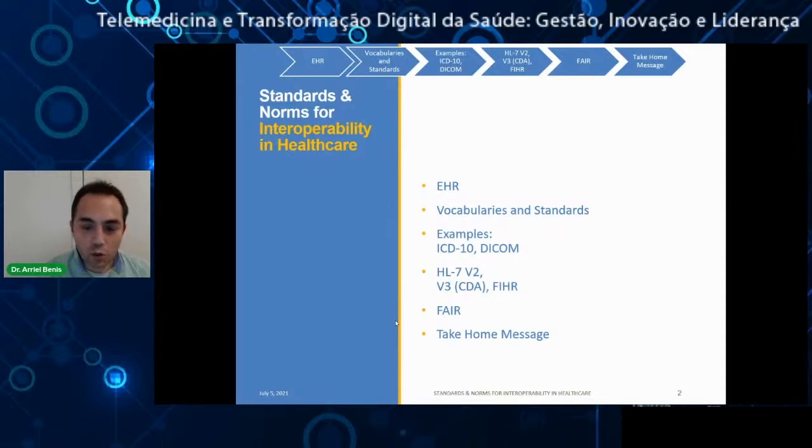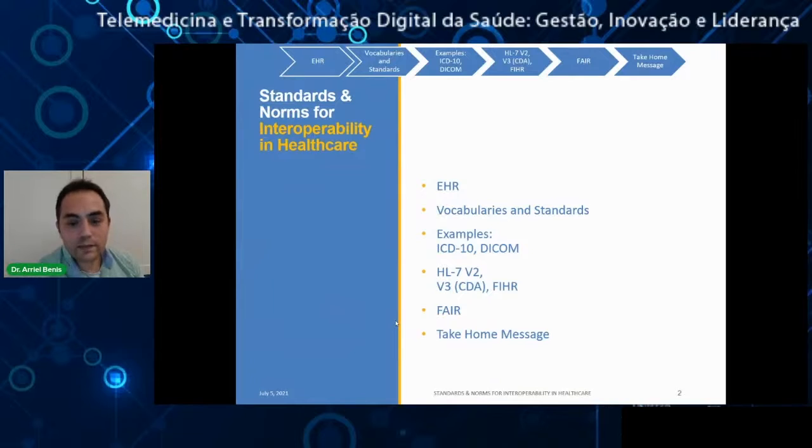We will focus shortly on ICD-10 and DICOM as well-known standards and support for interoperability before moving to the body of this introduction to interoperability in healthcare.